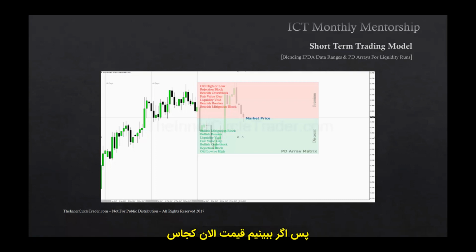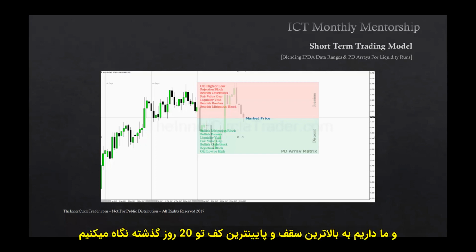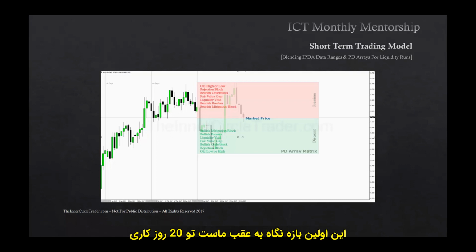So if we see where price is right now at Friday's close of the week of this recording, market price is defined as Friday's close, and we would be looking at the highest high and the lowest low in the last 20 trading days. That's our first look back period of 20 trading days.